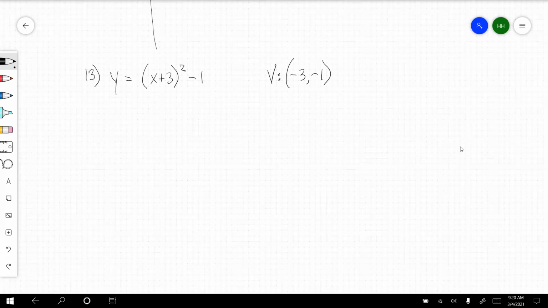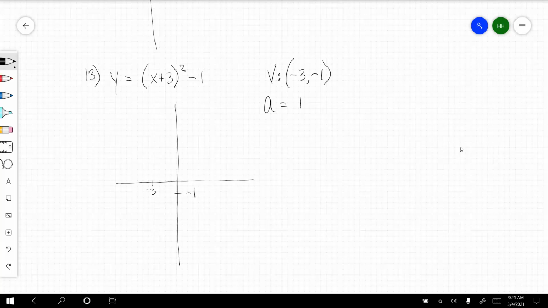The a, again, is equal to positive 1. So (negative 3, negative 1), here's your vertex. a is positive 1. Again, it's got the same shape as the parent.